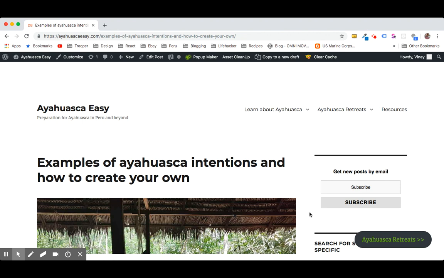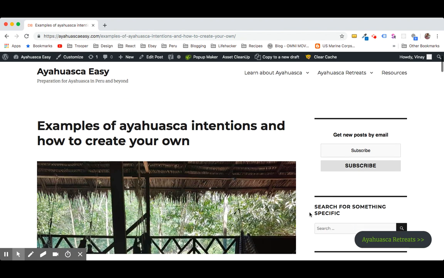And I'll talk about how to go into a ceremony with a generic catch-all intention that still gives you something to go in with, but doesn't mean you have to know exactly what you want to work on. So yeah, let's get into it.